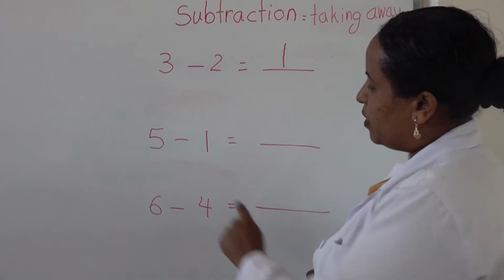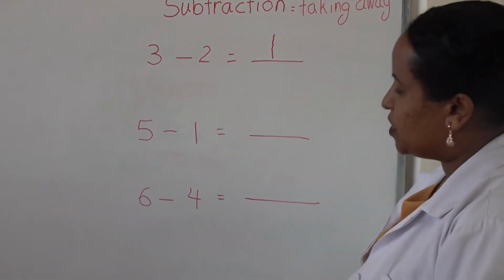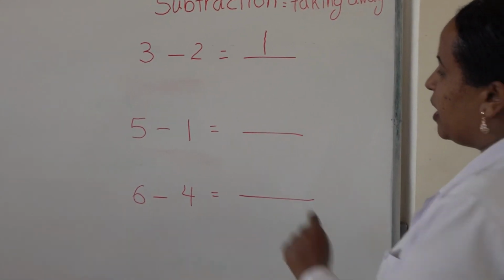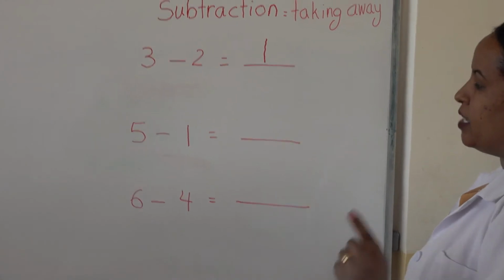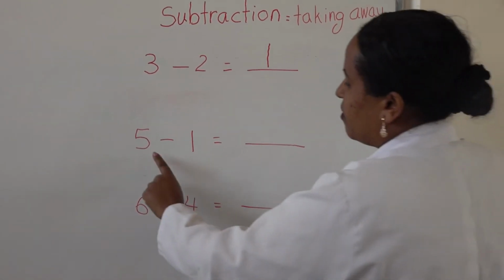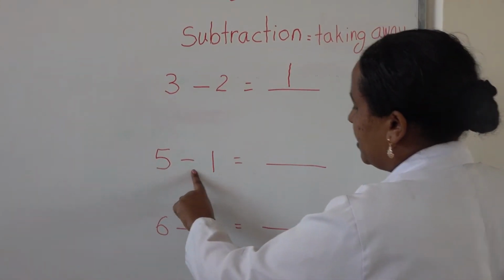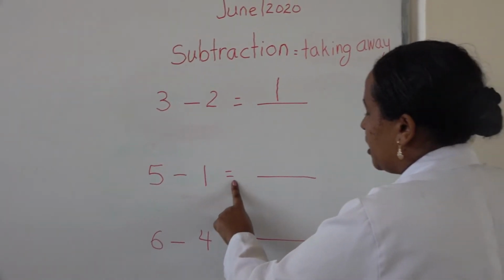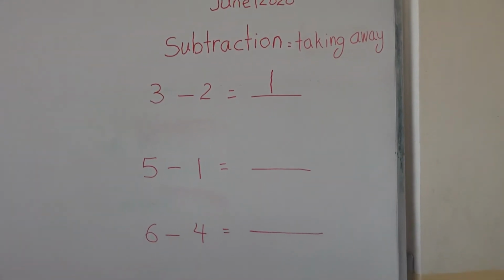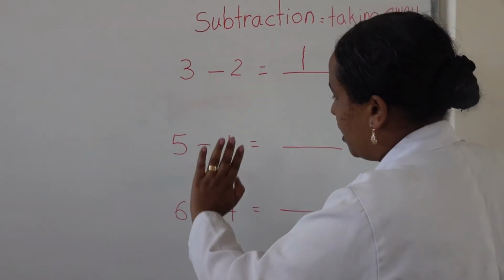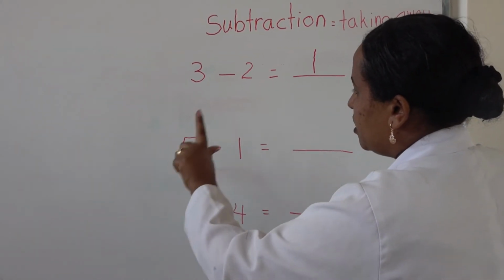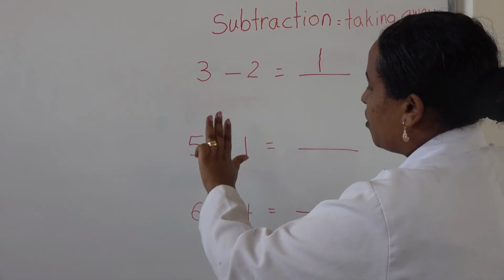What is this number? It's 5. Very good. And minus, this number is 1. Let's read together. 5 minus 1 equals blank. Okay, let's use 5 fingers of ours. 1, 2, 3, 4, 5.